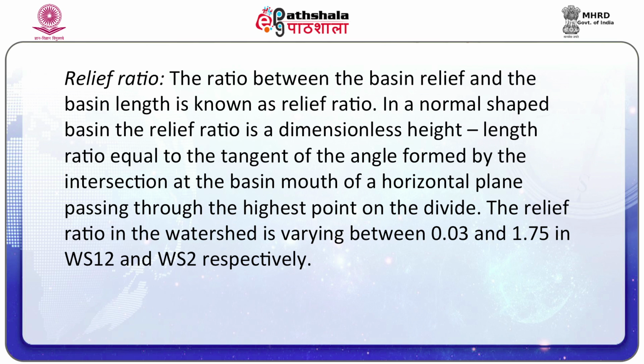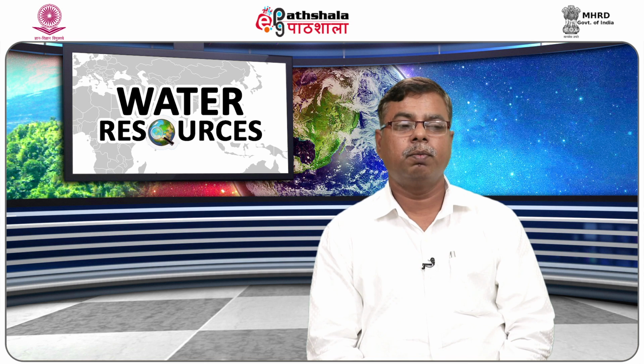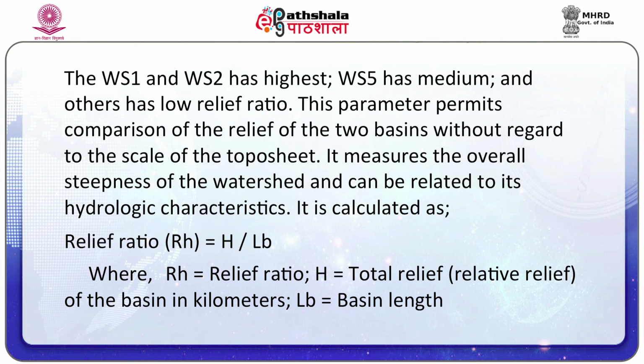The relief ratio in the watershed varies between 0.03 and 1.75 in watershed 12 and 2 respectively, as mentioned in table number 4 also. Watersheds 1 and 2 have the highest, watershed 5 has medium, and others have low relief ratio as figure 15 shows.